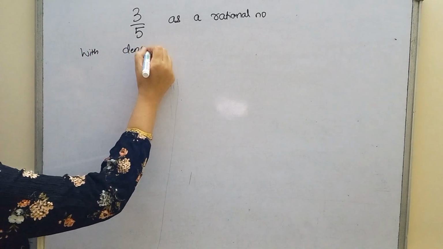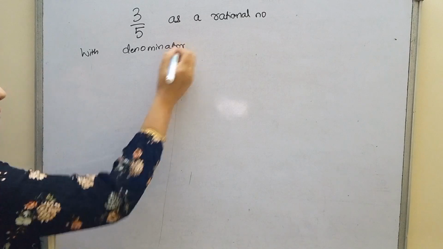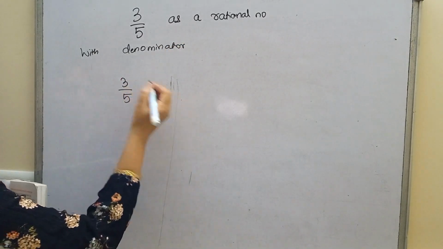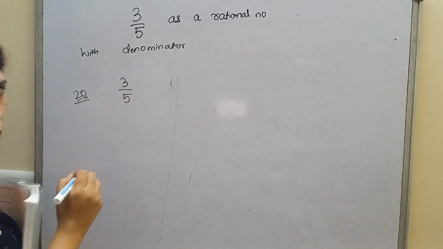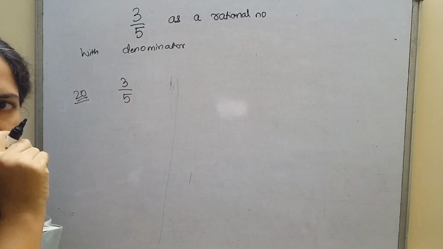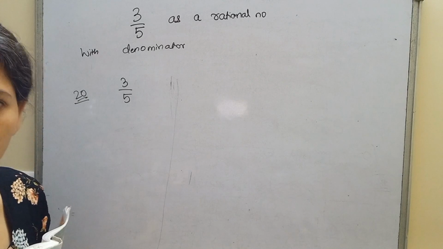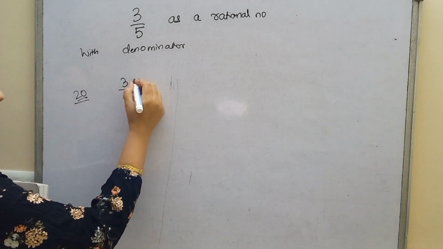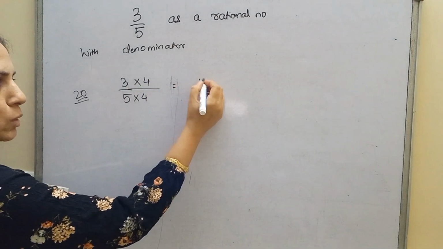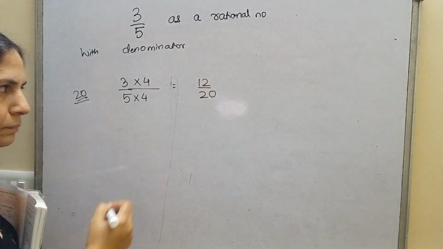Now, for example, they are telling you first you have to make the denominator 20. That means we have to make this 20. So how will you make it? We can use trial and error method. Multiplied by 4, multiplied by 4. This will become 12 upon 20.